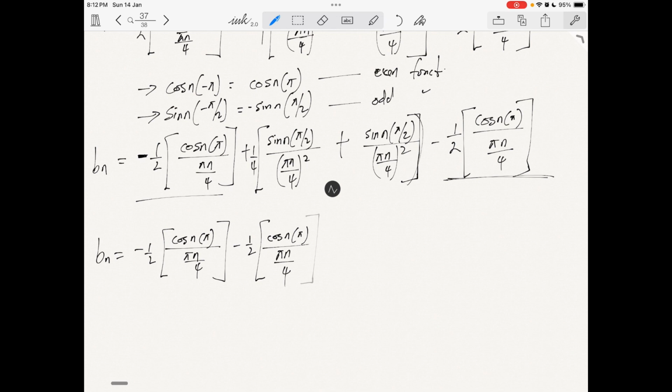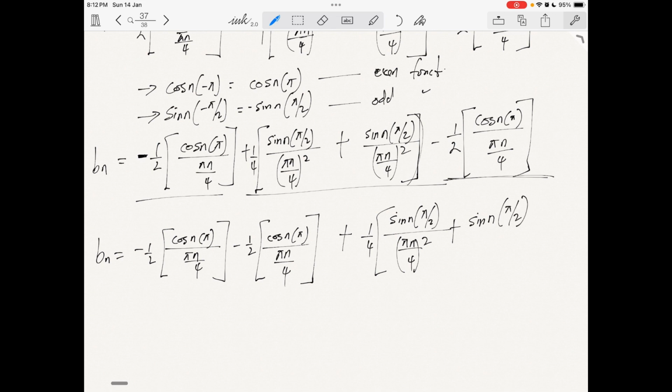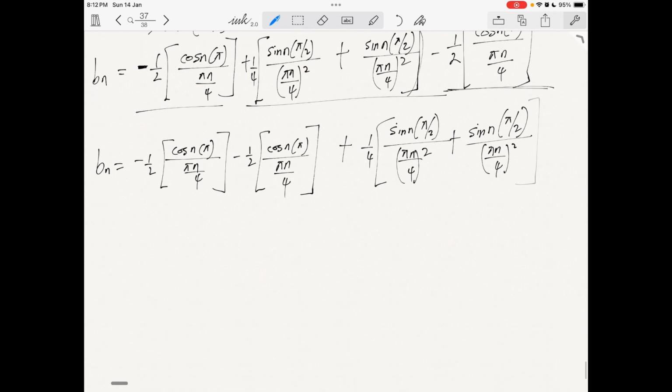Then we have plus this term, 1 over 4 into sine n pi over 2 divided by pi n over 4 squared, plus sine n pi over 2 divided by pi n over 4 all squared. Now it's getting more simplified after we collected like terms. Since these two are similar, we have minus 1 multiplied by cos n pi divided by pi n over 4.